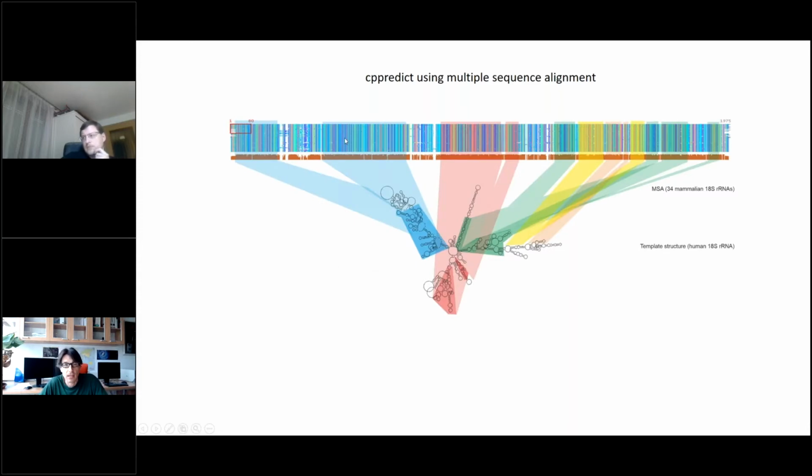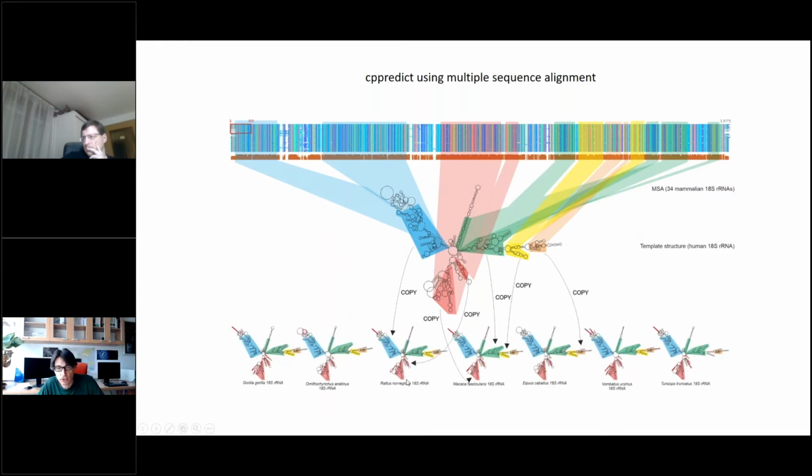So if one of these aligned RNAs has a known structure, as in this case the human 18S ribosomal RNA, you can use the structure segments coded by these similar sequences in consistent blocks for copying onto sequences of other homologous RNAs. Because if they are homologous, it means they have the same function in different organisms, and therefore they should have similar secondary structures.